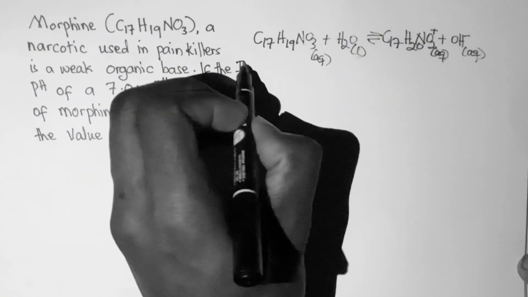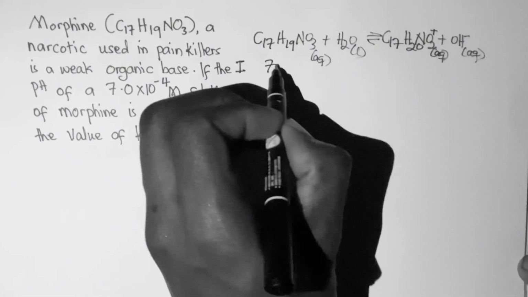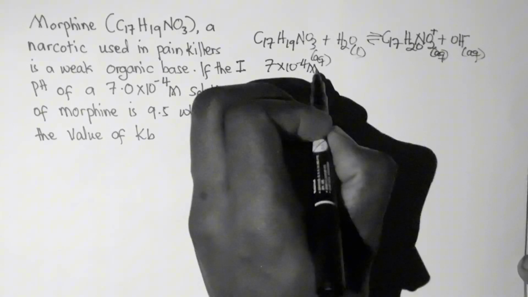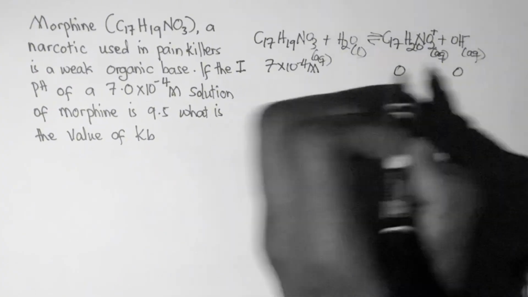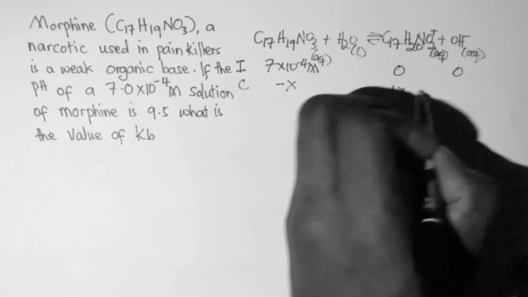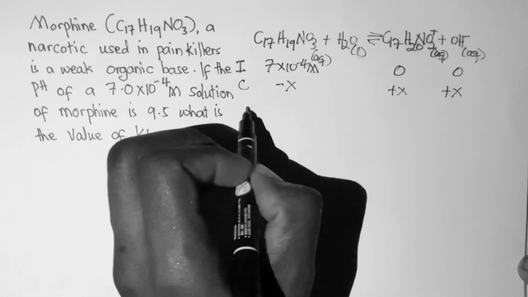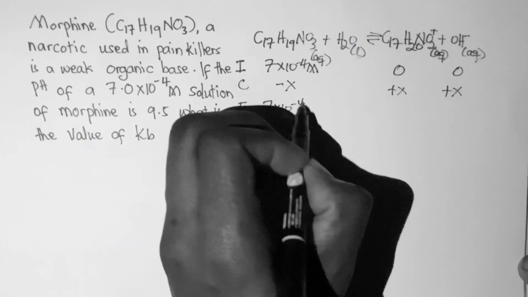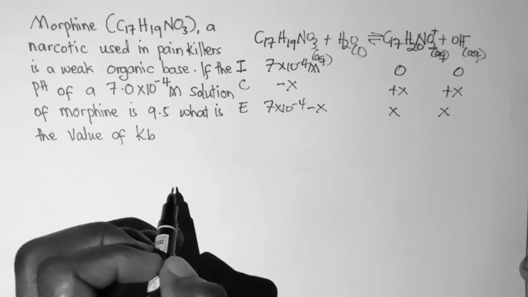So the initial concentration that was given for morphine is 7 times 10 exponent minus 4 molar. And then here is 0, and this is also 0. The change here is minus x. This is plus x, and this is plus x. And then the equilibrium concentration here is 7 times 10 exponent minus 4 minus x, and here is x, and here is x.